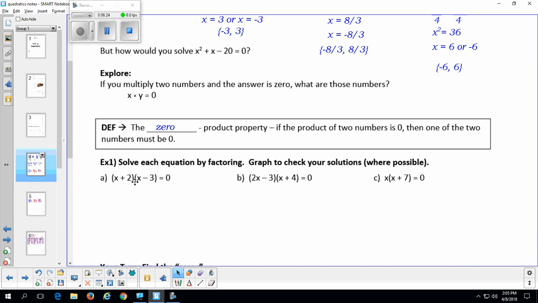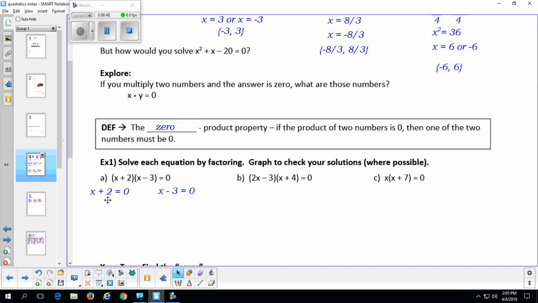After you have your two factors, we're going to use the zero product property. And if we have x plus 2 times x minus 3 and they somehow multiply to give us 0, I know one of them's got to be 0. So I'm going to set each of those equal to 0. I'm going to set x plus 2 equal to 0 and x minus 3 equal to 0. And now I'm just solving two equations.